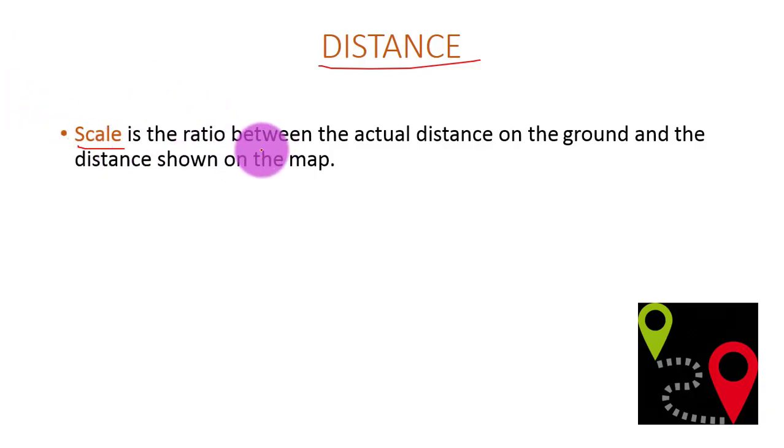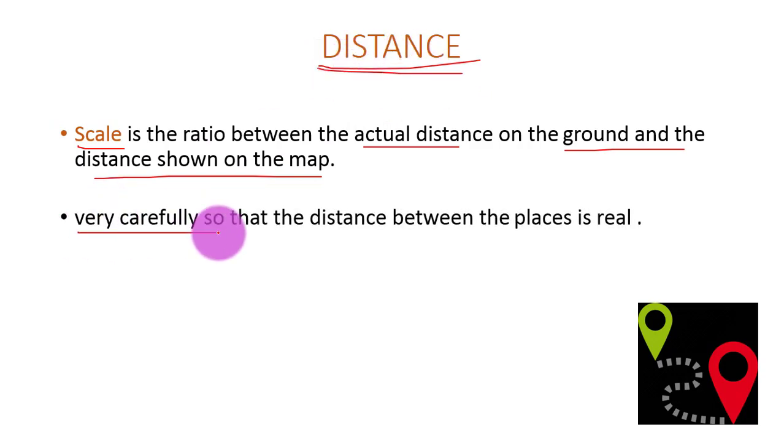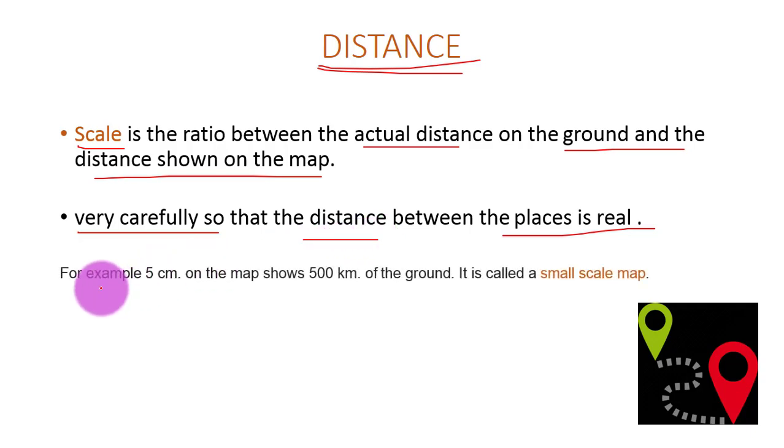Scale is the ratio between the actual distance on the ground and the distance shown in the map. We use the scale to measure distance very carefully. Distance between places is real, but we want the distance to be the same as on a map, therefore we use the scale.